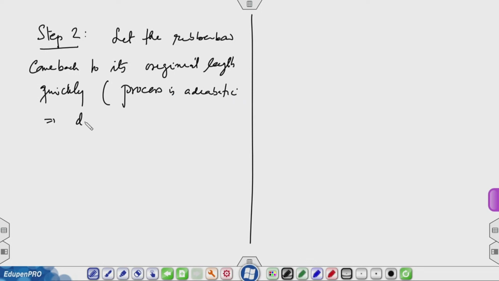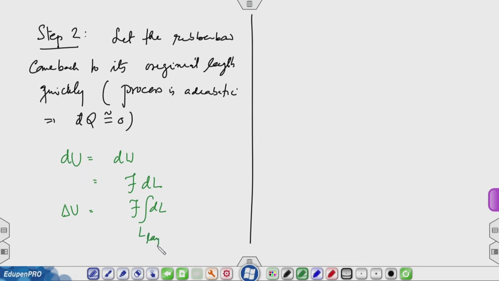That means dQ is equal to 0. In this case, it will be roughly 0. So I'm going to have now dU equals dW, which, if you're holding it and let it just come back, is going to be equal to F dL. So delta U is going to be the integral of F dL from L large to L small. So this is going to be less than 0.